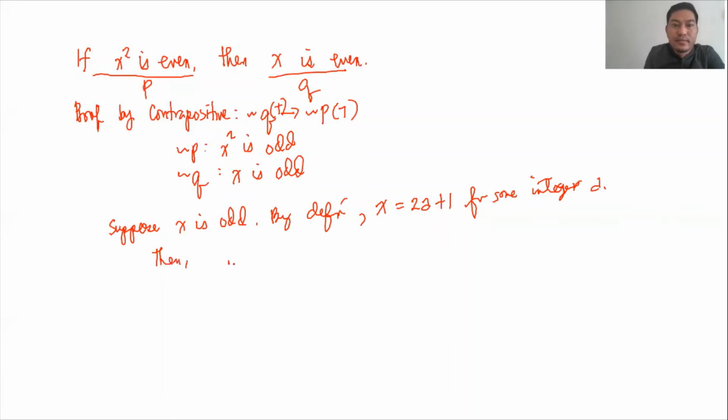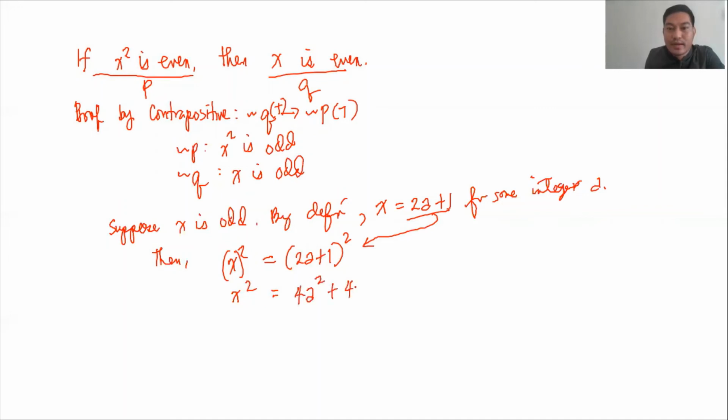Then x squared is just equal to (2a plus 1) squared. What we did is we just squared the x and squared the 2a plus 1. So here we have x squared is equal to 4a squared plus 4a plus 1.